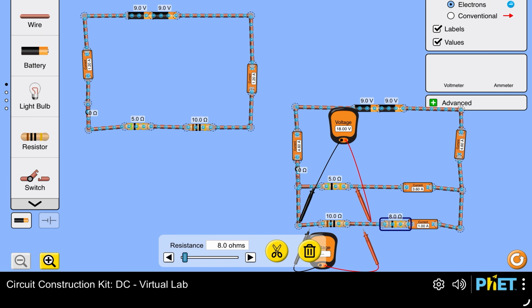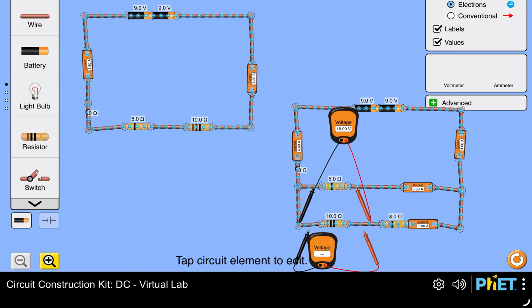Okay, so down here we have 18 because there is now 10 and 8. Remember when we calculated the voltage passing through the 10 ohms, it was 18 before because 10 was sitting here alone on this path. Now let's check and see if it's still going to be the same.